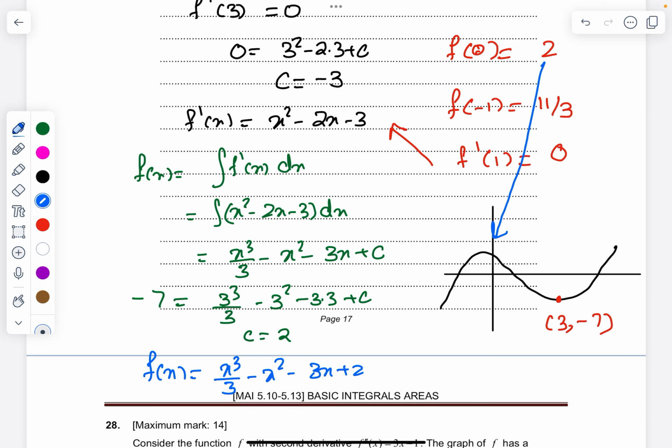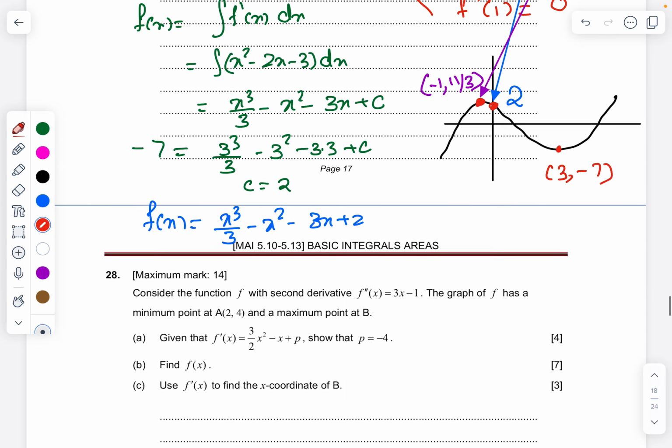So the y intercept is 2, so this point is 2. Then another one, f of negative 1 is 11 by 3, so this point is (negative 1, 11 upon 3). This is going to be the graph. So this point, this point and this point.